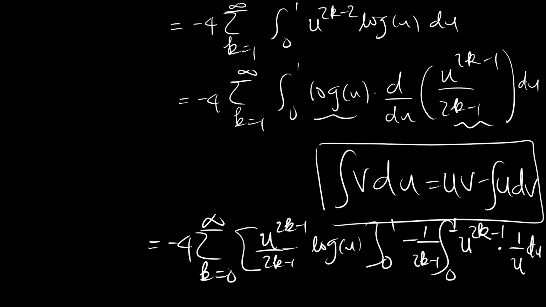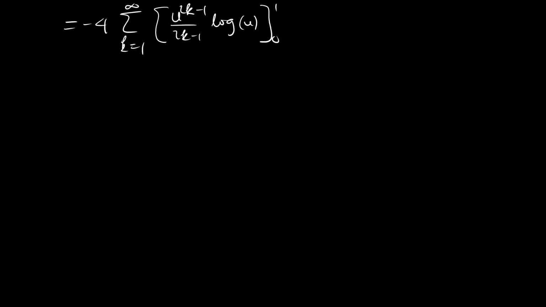Okay, so our problem has gotten us to this summation where we have u to the 2k minus 1 over 2k minus 1 log of u from 0 to 1, minus 1 over 2k minus 1 integral from 0 to 1 of u to the 2k minus 1 times the derivative of log u, which is 1 over u.